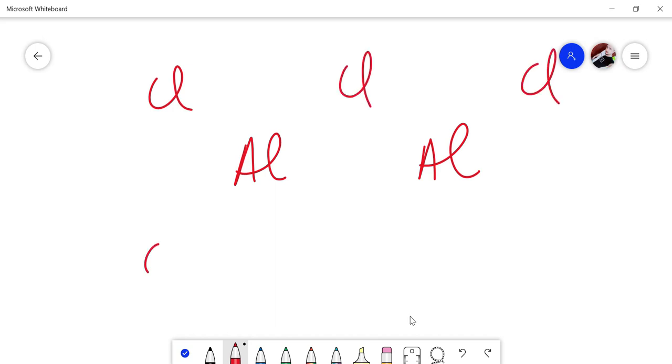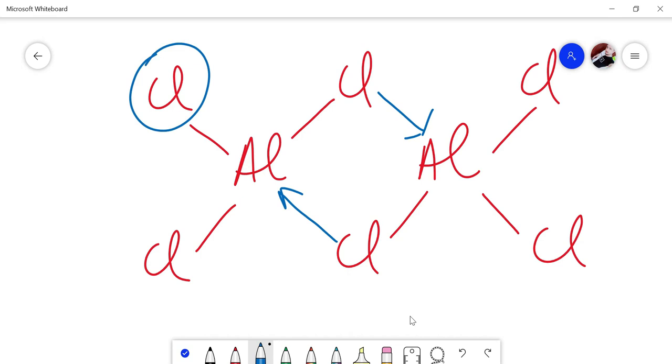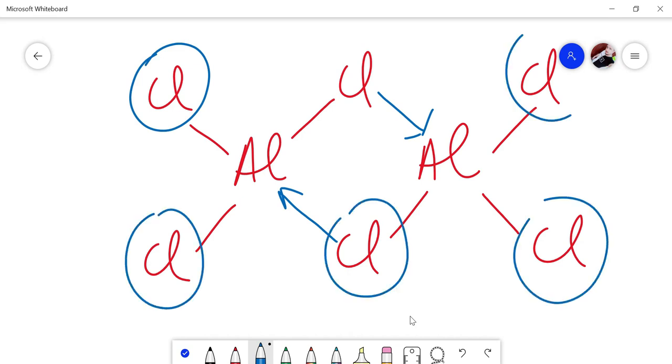Then Cl, Cl, and Cl. Now simple covalent bonds for each. Done. Now go towards the dative covalent bonds. If you want to complete the structure with all the dots and crosses, you can, but the structure will get complicated.